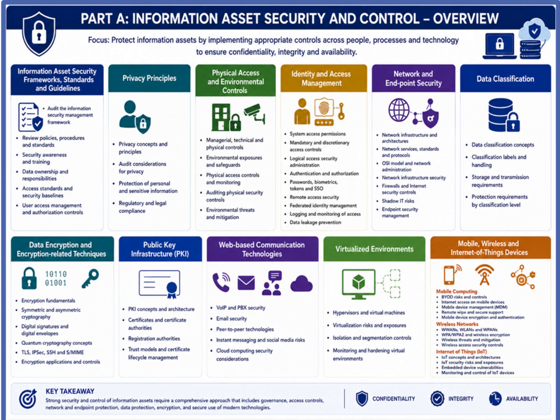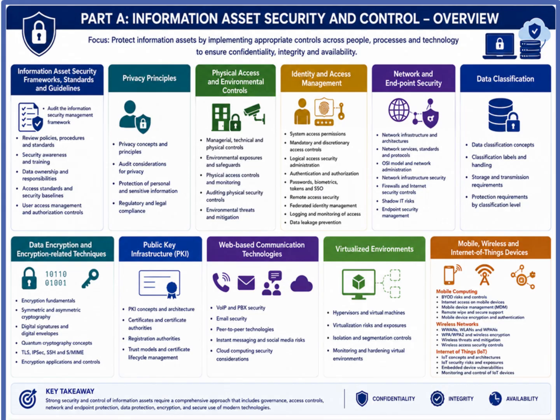Part A introduces the core concepts used to protect information assets across the organization. The focus is on implementing security controls across people, processes, and technology to maintain confidentiality, integrity, and availability. The section begins with information security frameworks, standards, and governance practices.